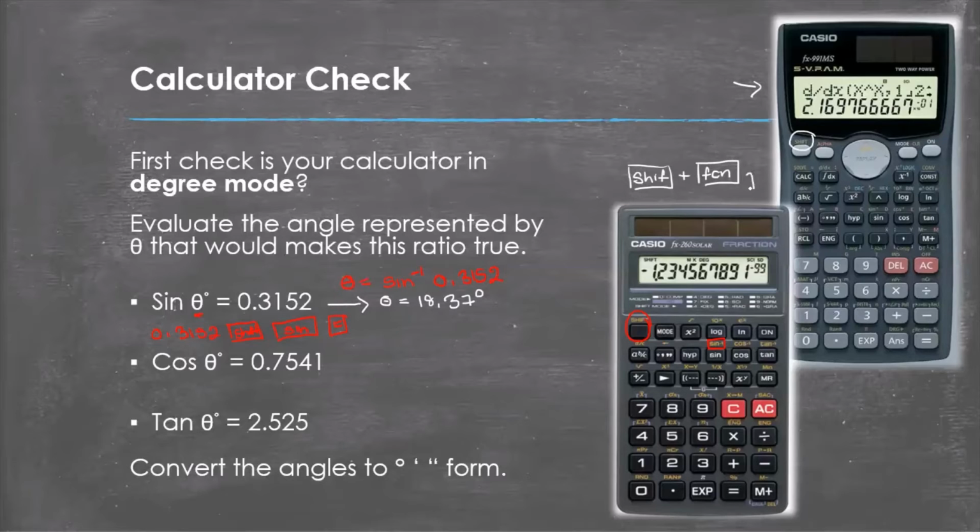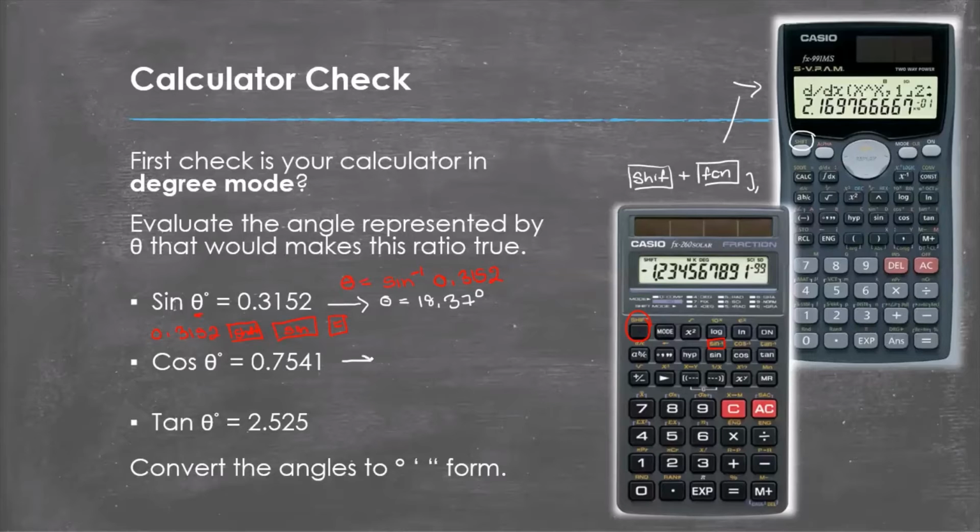So both calculators use this shift and your function. It's just a question, do you put the number in first or the number in second? Whatever you did last time with your number, if you put your number in first last time, you're still going to put your number in first. If you put your number in second last time, you're still going to put your number in second. If that's confusing, talk to me.